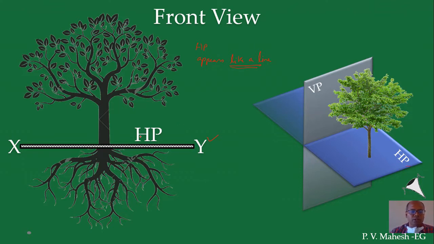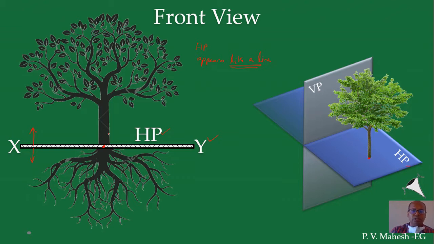In other words, in the front view the XY line represents the horizontal plane. So if the object is above HP, the front view will be above the XY line. If the object is below HP, the front view will be below the XY line. If the object is on HP, the front view will be on the XY line. So these are the three things we have to remember: above HP, below HP, on HP.